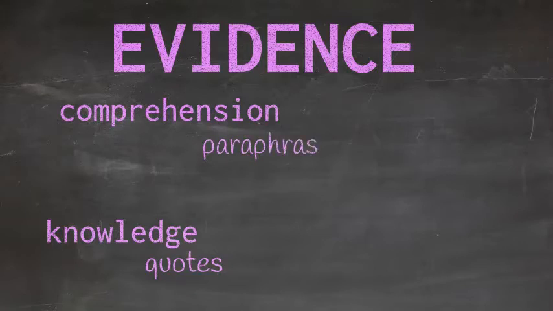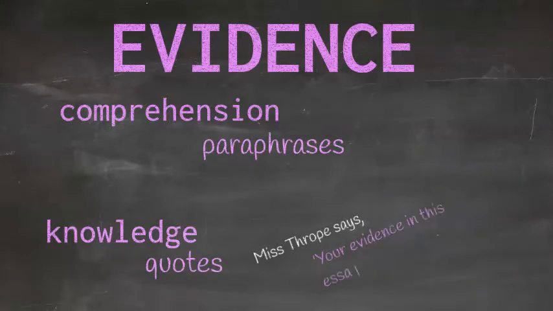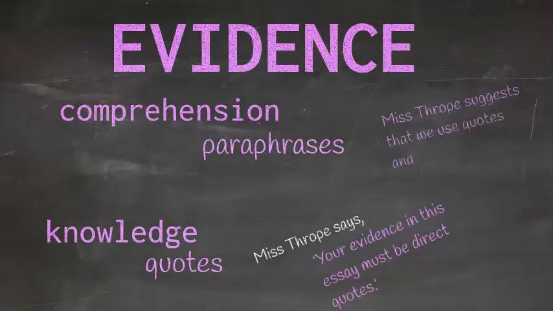I need to give you a word of caution, a caveat. For your first essays, limit your evidence to quotes. Once you have mastered integrating appropriate quotes into your essay, you may experiment with using paraphrase as evidence under the guidance of your writing instructor.